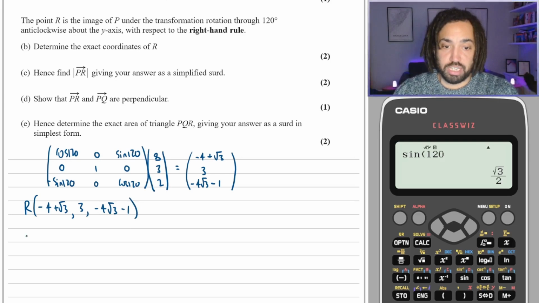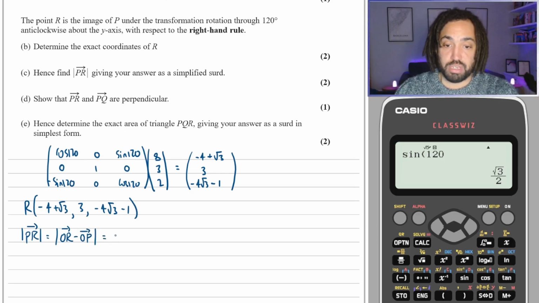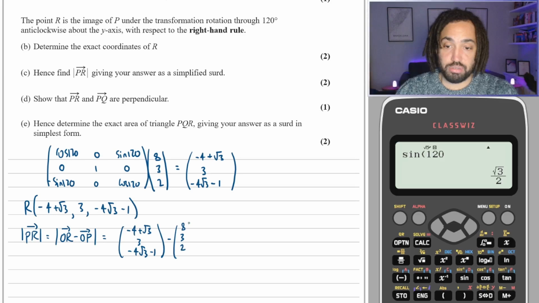Okay, next we need to find the distance P to R. So the distance between P and R, well, how do we find the vector PR? Well, it's OR minus OP. So that means that we need to do (-4 + root 3, 3, -4 root 3 - 1) minus P, which is (8, 3, 2).